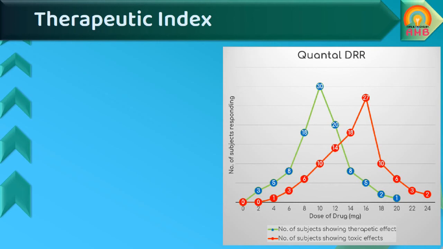Now we have to find out the dose at which 50% of subjects were responded. In case of green graph, that is therapeutic effect as response, 50% subjects are responded at the dose of about 9 mg. This is called as ED50, that is median effective dose.